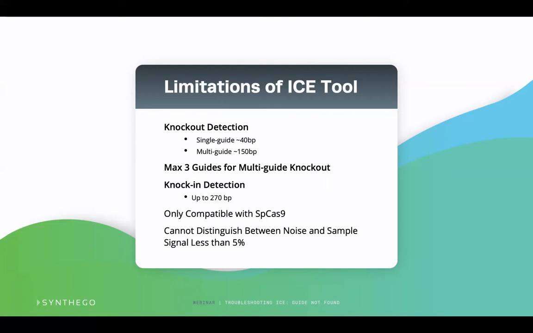Because of this, ICE cannot clearly determine if sequences present at 5% or less are background noise or if they are truly present. Even if these sequences are real, the sensitivity of Sanger sequencing is very low in this range. We therefore recommend cautiously evaluating any sequences that are present at 5% or less.